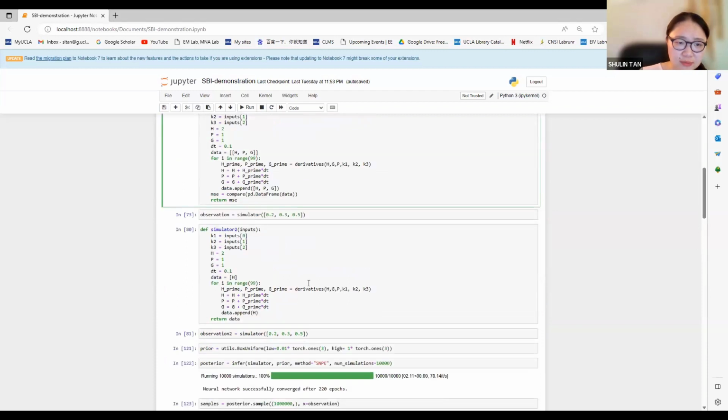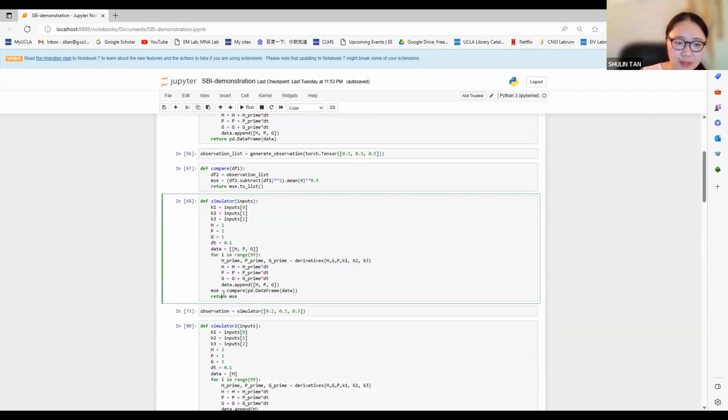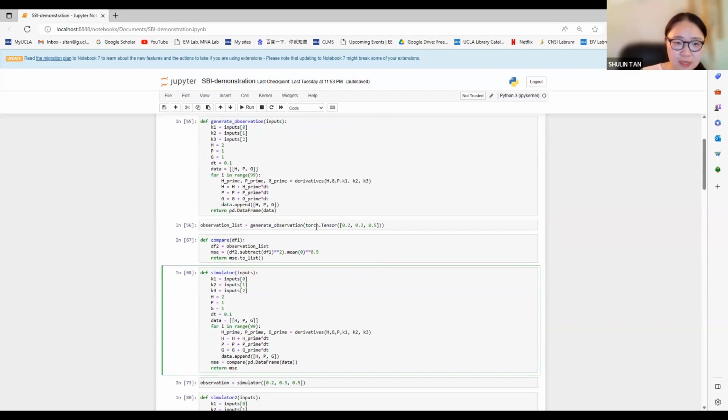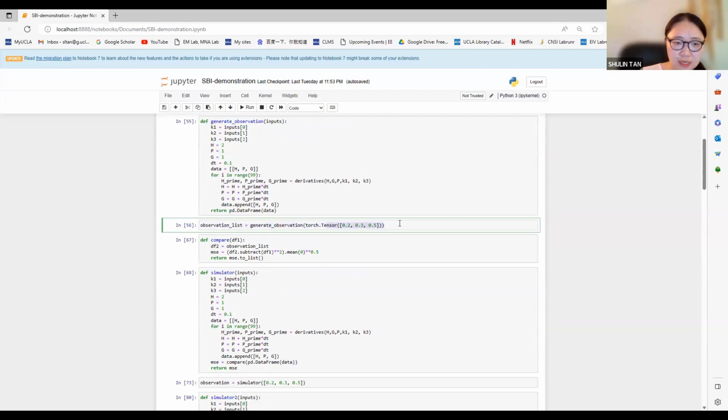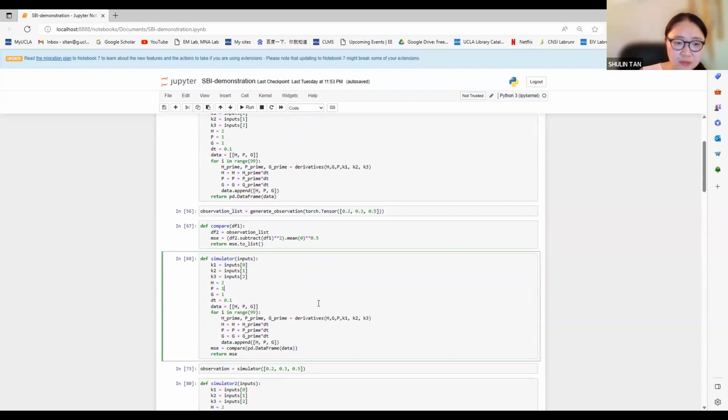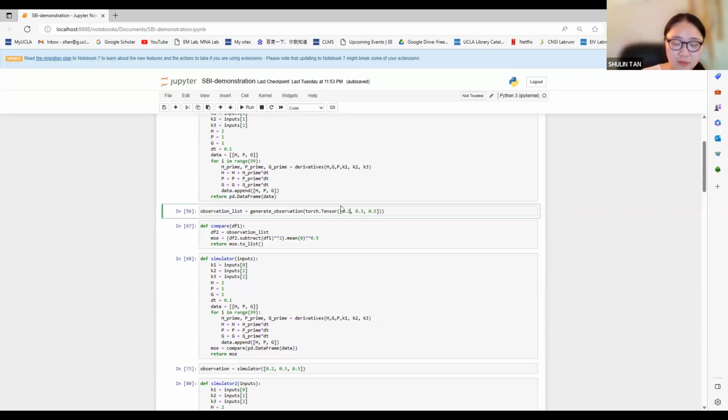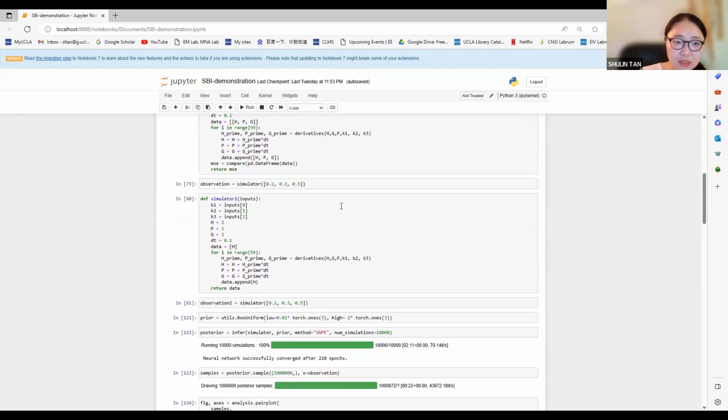So that's why I just write a comparison of the output trajectory with the desired trajectory. Basically I'm summarizing all the mean squared error between the simulated trajectory and my real trajectory.